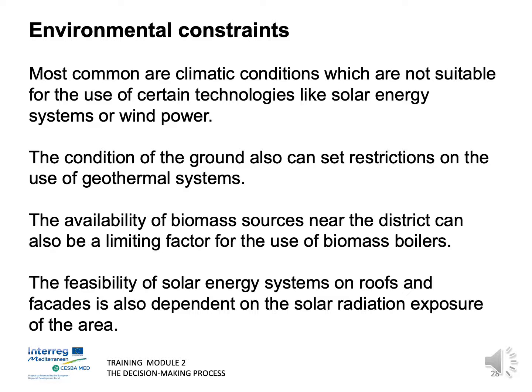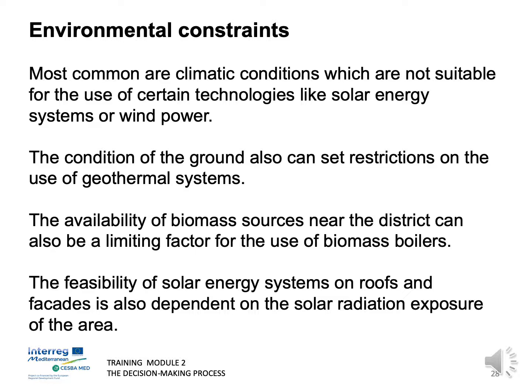So, other important constraints are those related to the environment. In fact, they are called environmental constraints. Here we have a couple of examples. So we could mention, for example, those related to climatic conditions, in which particular climatic conditions are not suitable for the use of certain technologies like solar energy systems or wind power.